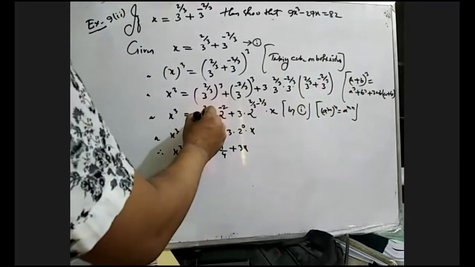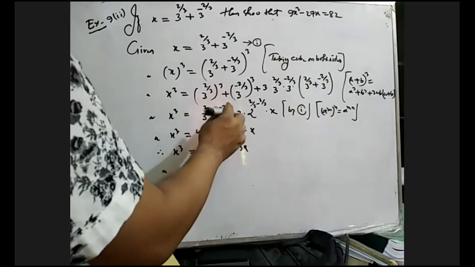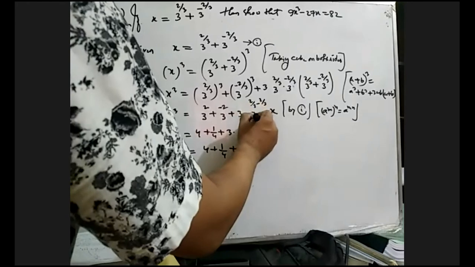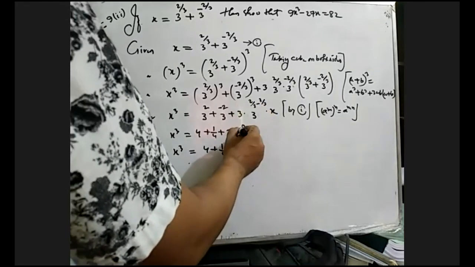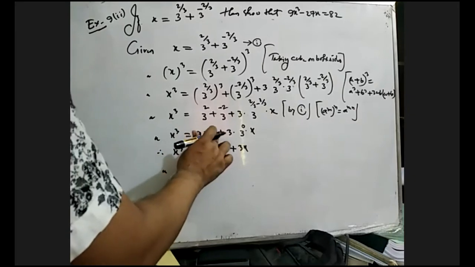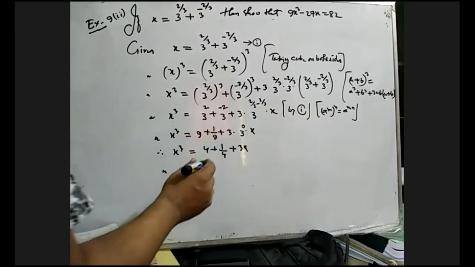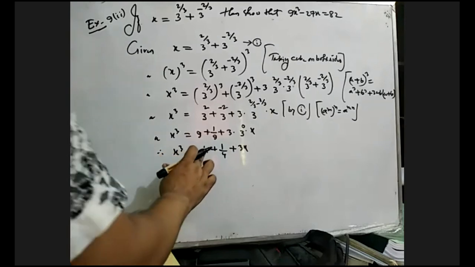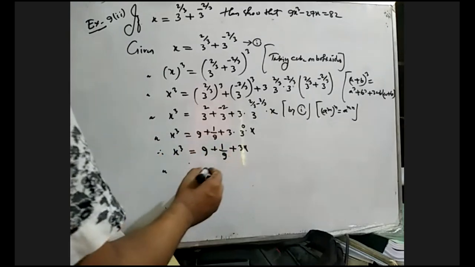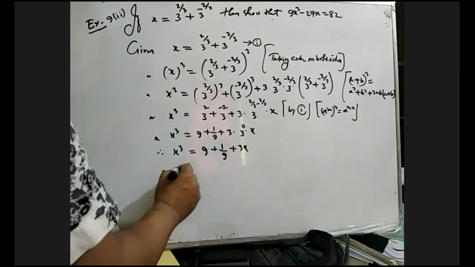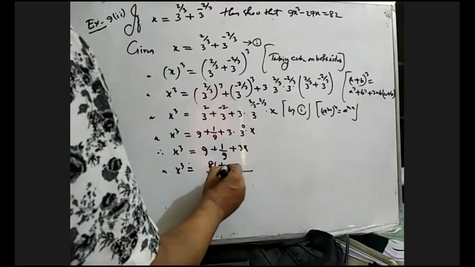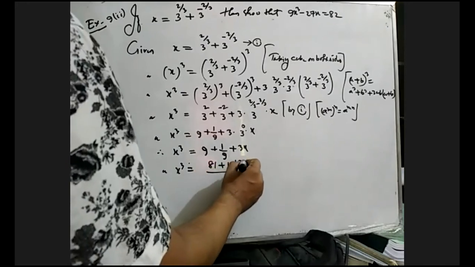So this will be 3 square and this will be 3 to the power minus 2 and this will be 3 to the power 0. 3 to the power 0 means what? 1. So this will be 9 and this will be 1 by 9. So x cube equals, taking LCM, 9, 81 plus 1 plus 27x.